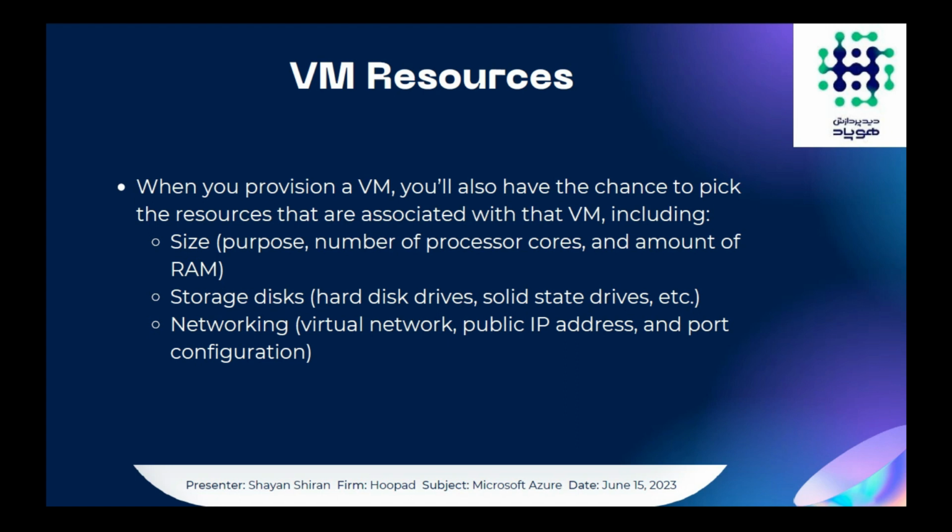We can set these up, and as you can see, we can pick the networking. For example, if we want to use virtual networks, public IP addresses, and port configuration, we can do all of that. It gives us the power to pick the things that we need, and the ability to get the most out of a VM.